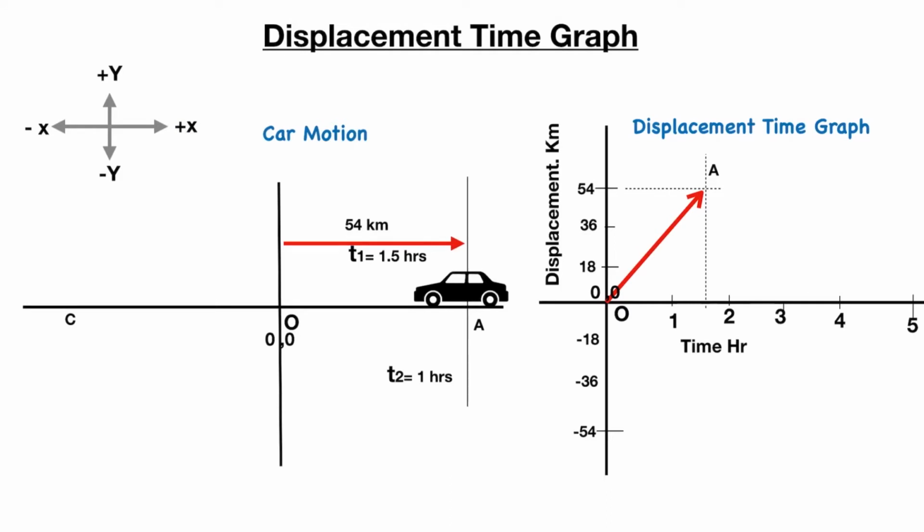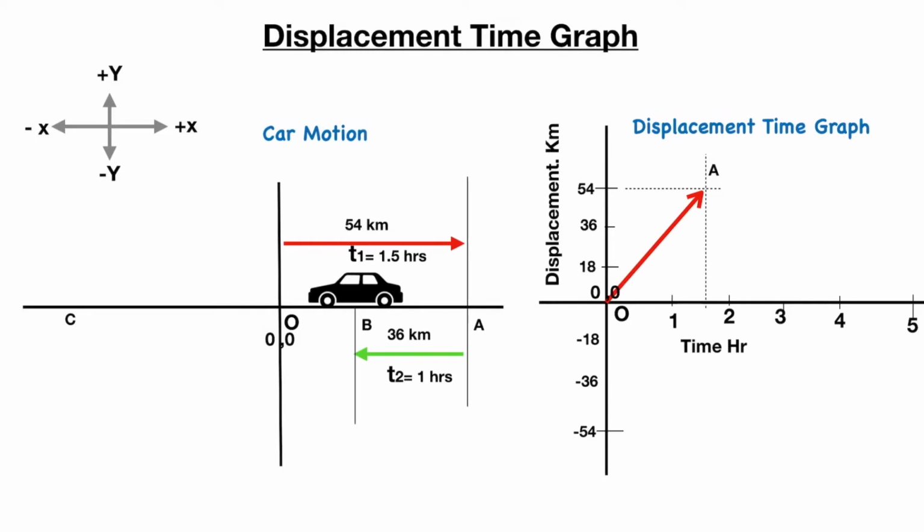Okay. Now let's see this car move further. Actually it reached point A and it took a U-turn, and now it's moving back towards its original point from where it started. It moved 36 km in the minus x direction in 1 hour. Now let's see how you represent the same motion on the displacement time graph.